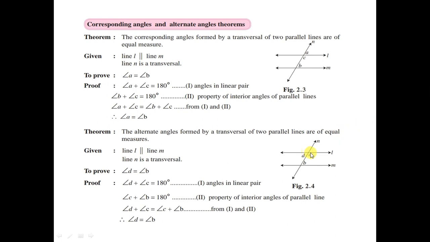Then angle C plus angle B, that is an interior angle, so that is also 180 degrees. So angle D plus angle C equals angle C plus angle B. Angle C and C get cancelled, so angle D is equal to angle B. So that is the alternate angles theorem.